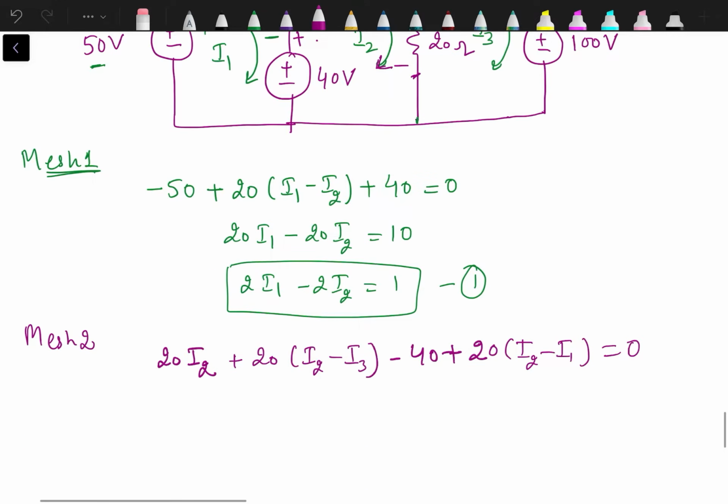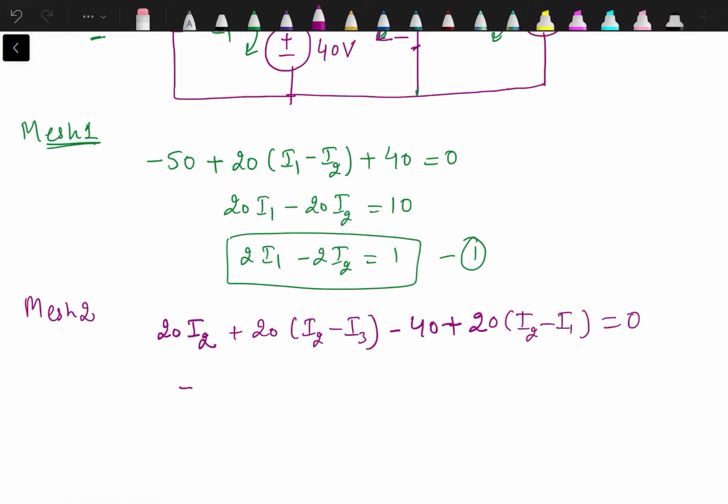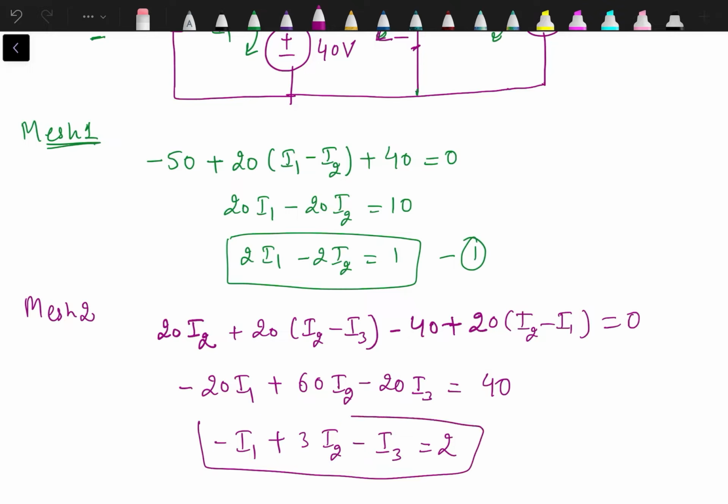Now when we solve this, we have minus 20I1 plus 60I2 minus 20I3 equal to 40, or minus I1 plus 3I2 minus I3 equal to 2. This is our second equation.